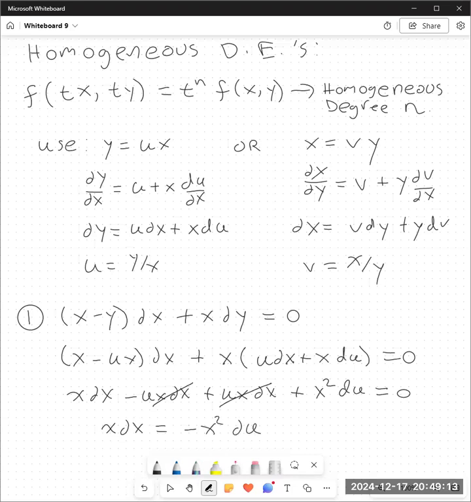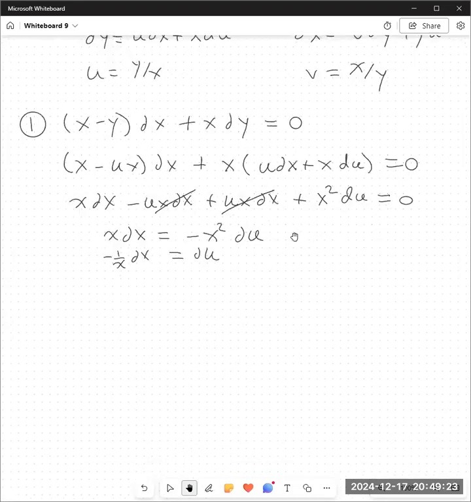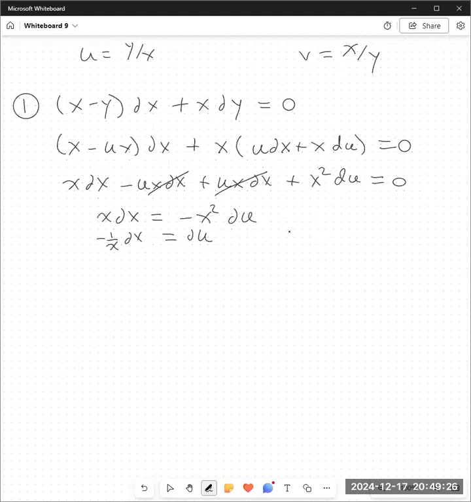So negative 1 over x dx is equal to du. Let's go ahead now and integrate both sides. And let's actually leave the negative over here.